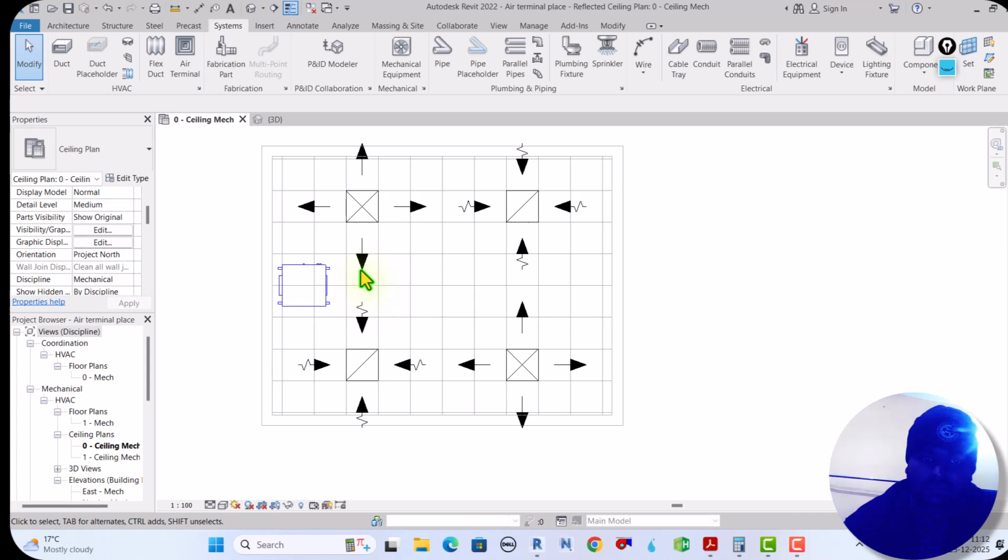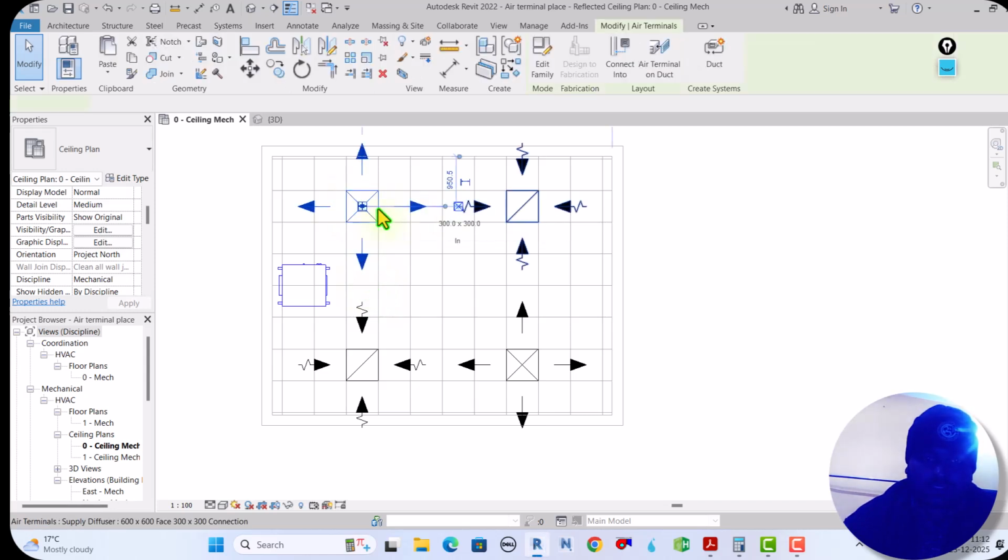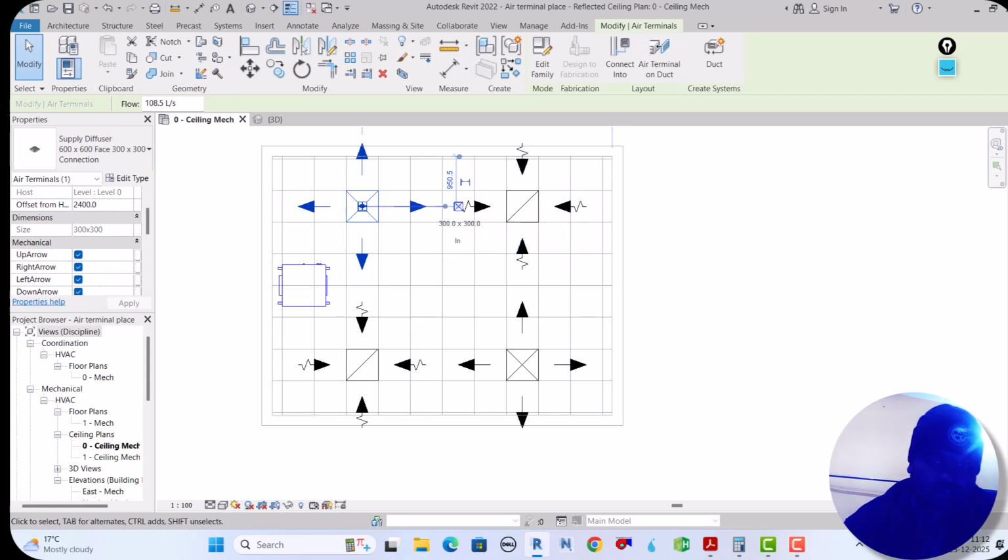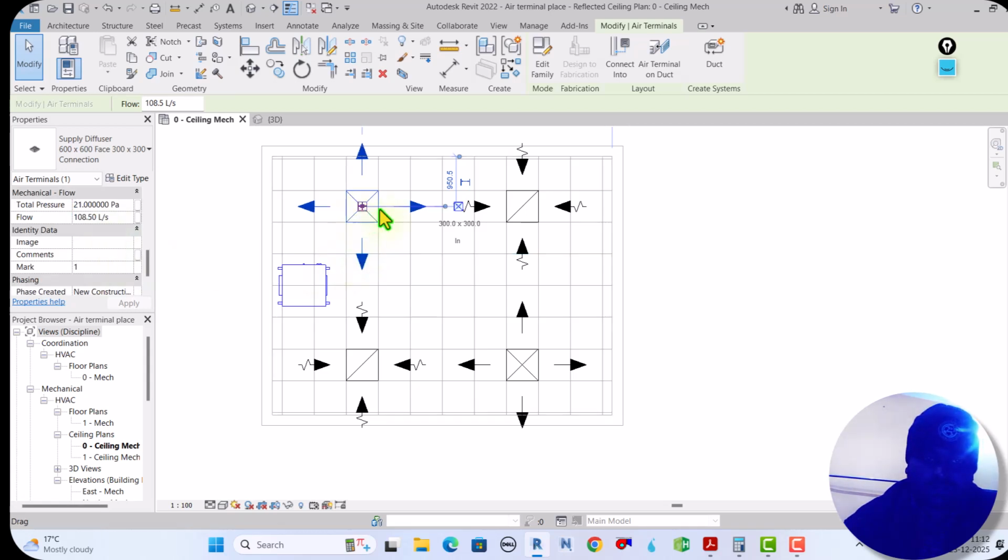In the previous lecture I already explained how to place air terminals. As we know, for this space we need 217 liters per second. So this is the supply air terminal and this is the return.